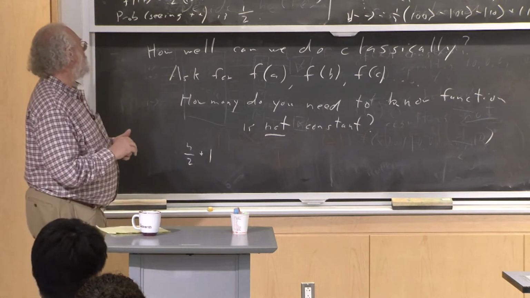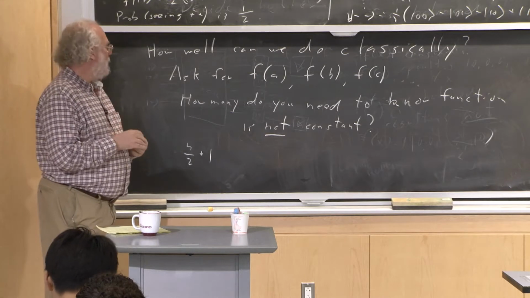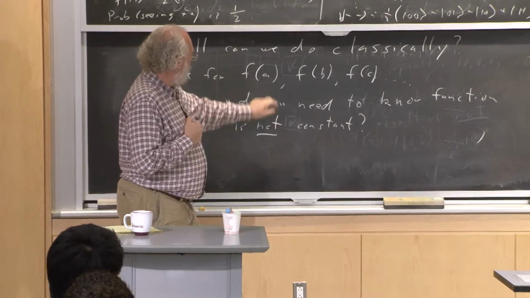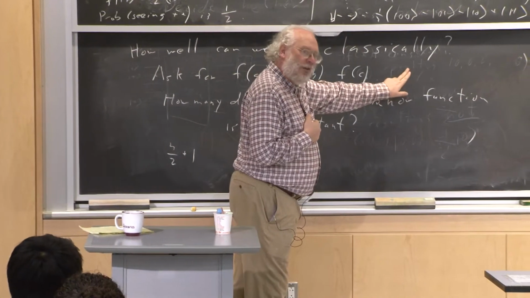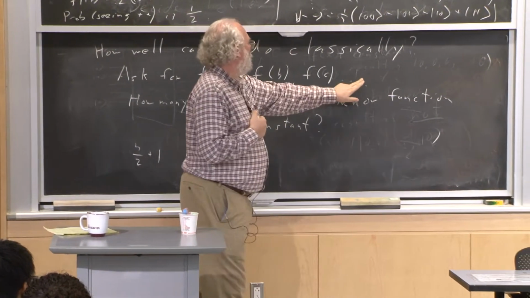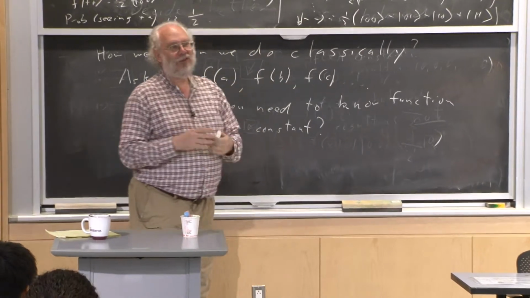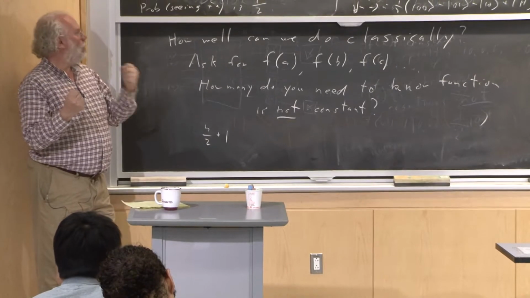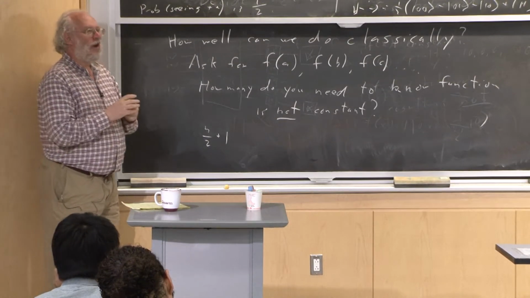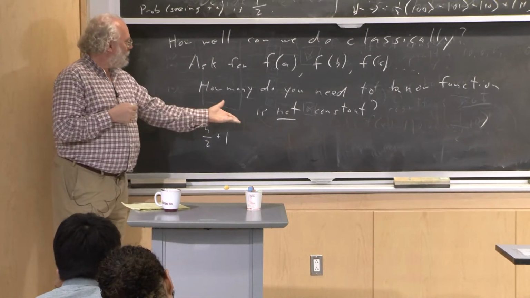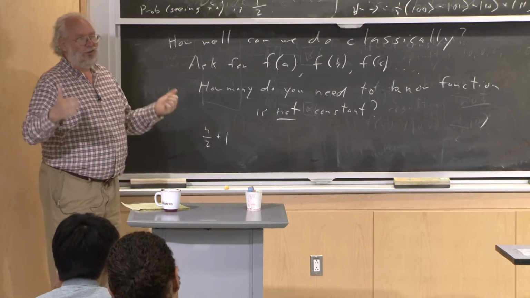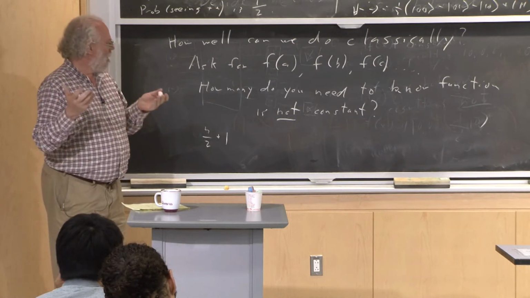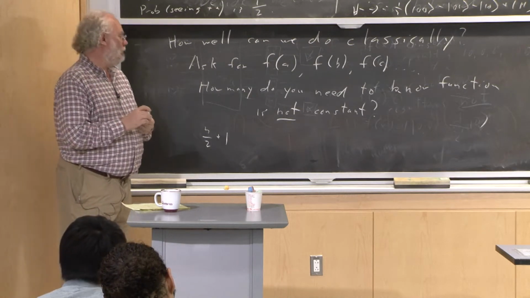So to know that the function is not constant, you need to ask an f of a where f is 1, and an f of b somewhere, or f of k where f is 0. So you need to get 1, 0 values, or 1 and 1. And if n over 2 of them are 0, then it's not constant. You know it's not constant only when you've answered n over 2 plus 1 questions.